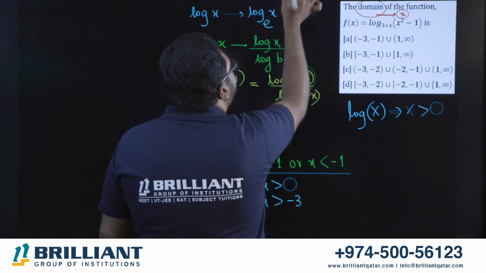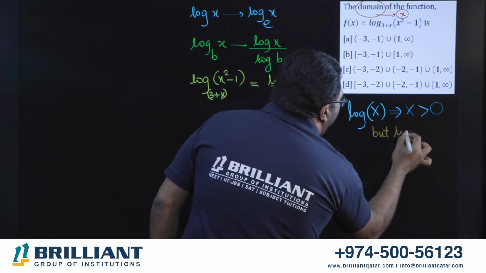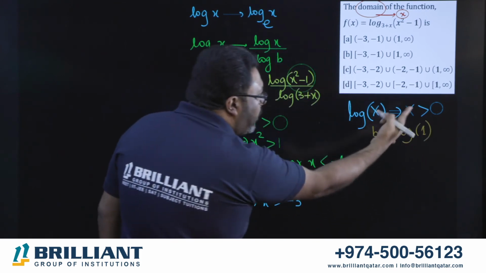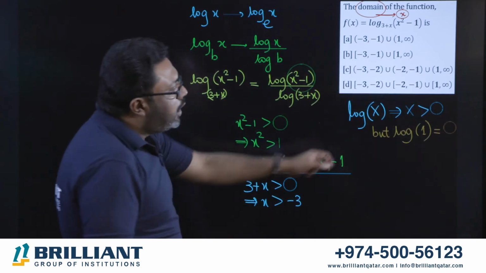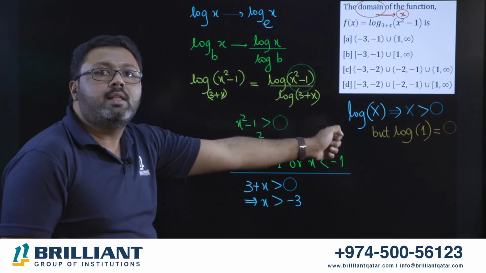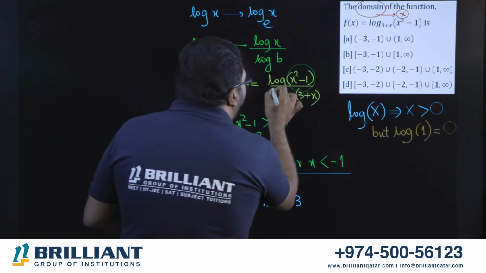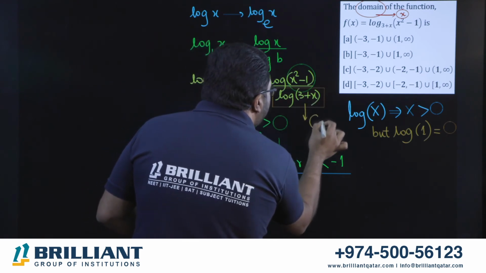But there is a very important condition here. Remember, log of 1 is equal to 0. 1 is a number which is greater than 0, but log of 1 is 0. If log of 1 is 0, is there a chance that the denominator can become 0?